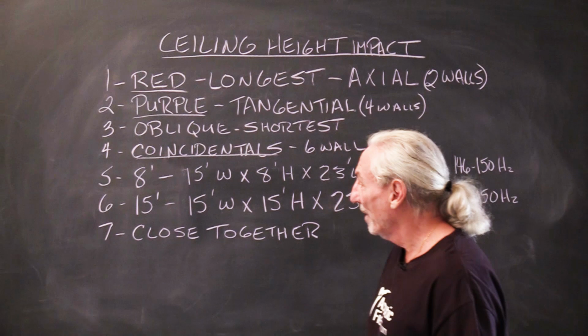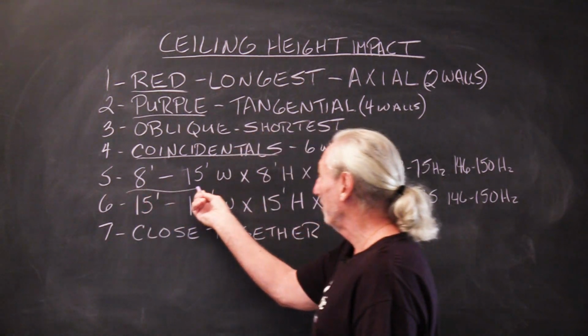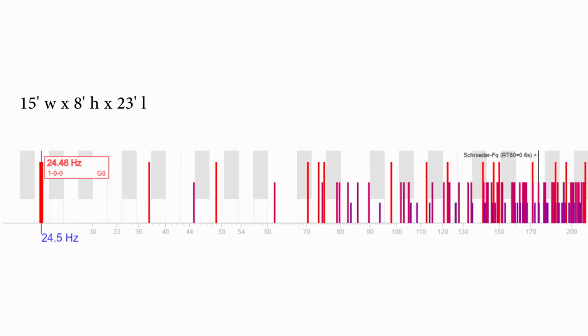And let's take our standard 8-foot ceiling and look at the distribution of it. Now our room in this example that you're looking at, the graphic on the screen, is 15 foot wide, 8 foot high, 23 foot long. You see how everything is bunched together. You see how the axial and the tangential modes are really tightly formed and pushed together. And a lot of that's the ceiling height, and we're going to show you that shortly.